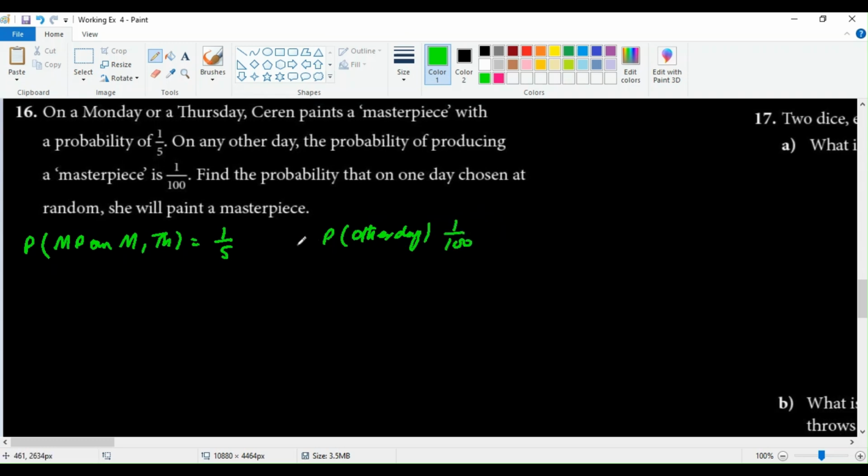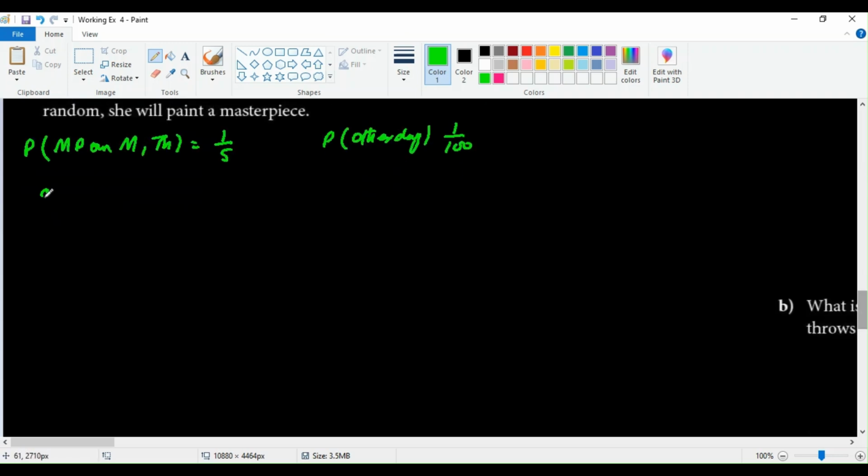Now this is the condition given already. Now in here we go step by step. So in step 1, what we do is probability of choosing Monday or Thursday: 7 days in a week, that means 2 days out of 7 days. And probability of choosing another day is 5 over 7. So this is going to help us in solving further.